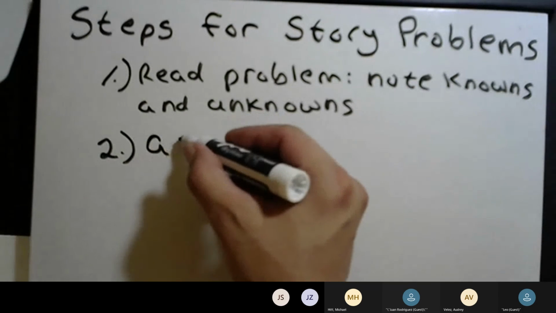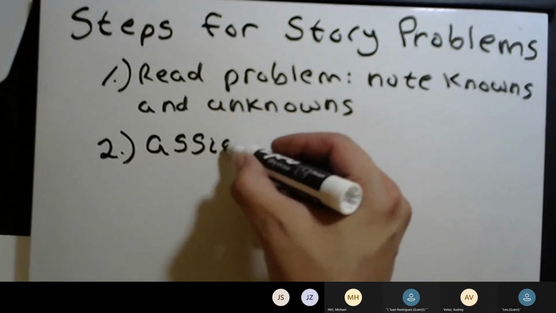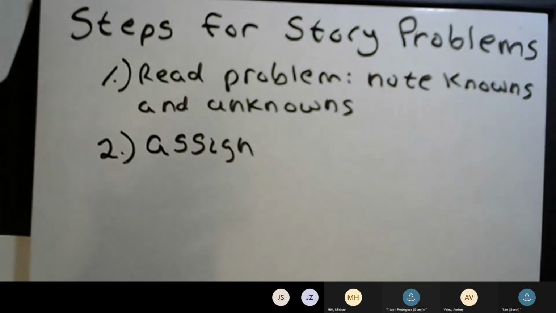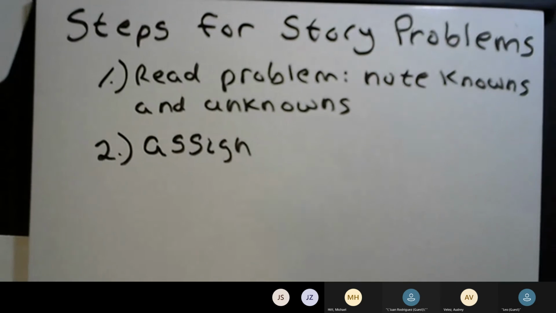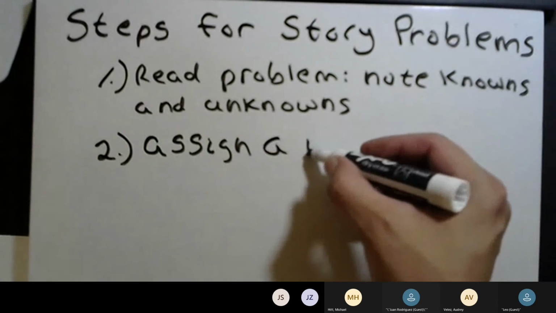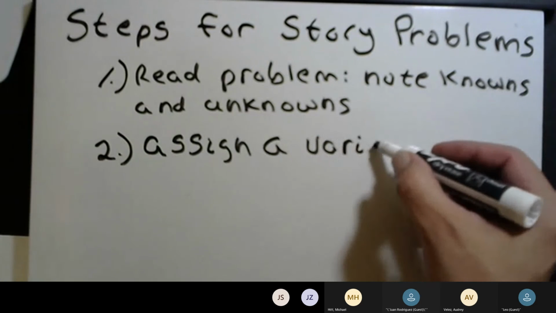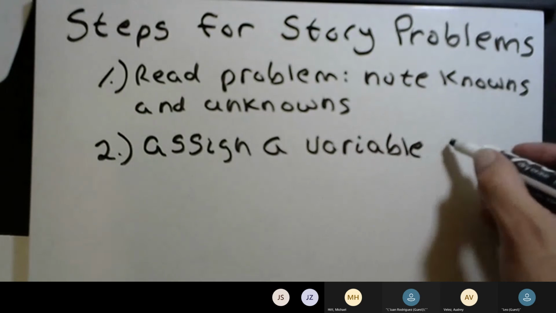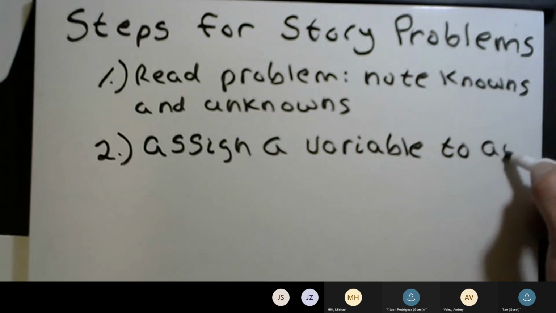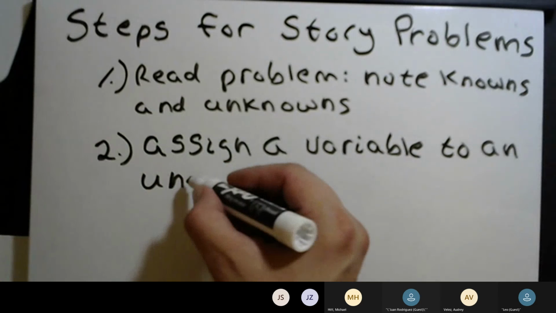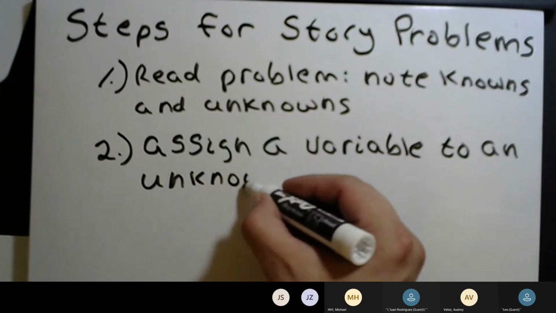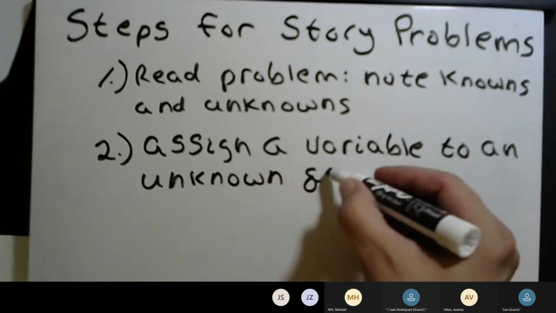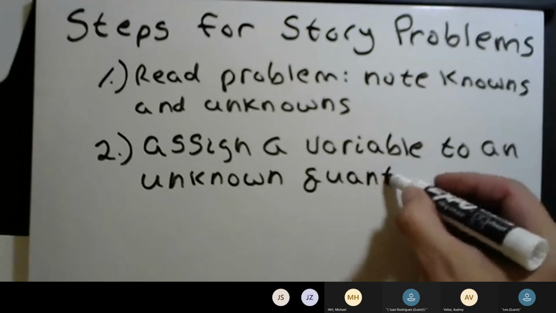Next, here's the algebra. Remember, a variable is a number. We just don't know which one it is. We assign a variable to an unknown quantity.